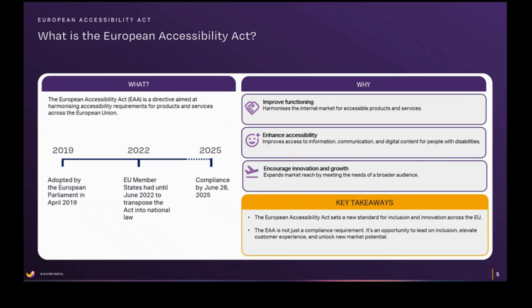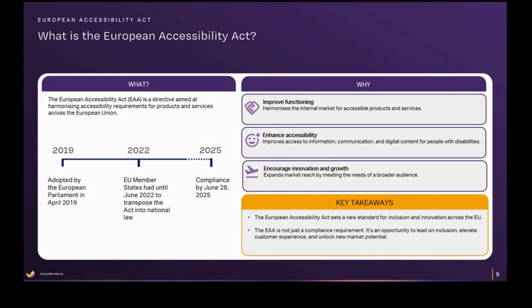So first of all, let's take a moment to just understand really what the European Accessibility Act is. So the EAA is a legislative move by the European Union to create a unified approach to accessibility across all member states. Essentially, it's about setting consistent standards so that people with disabilities can have equal access to products and services in Europe.